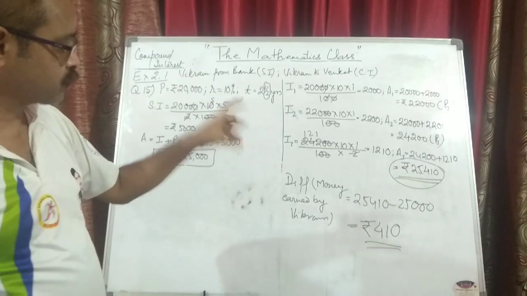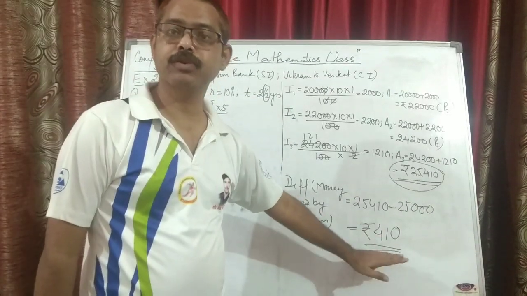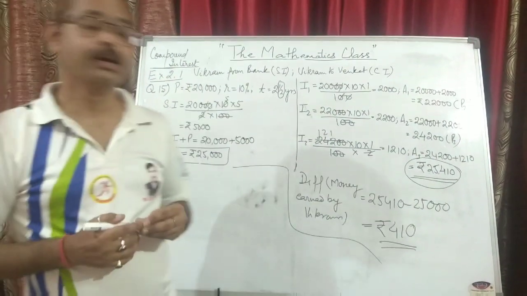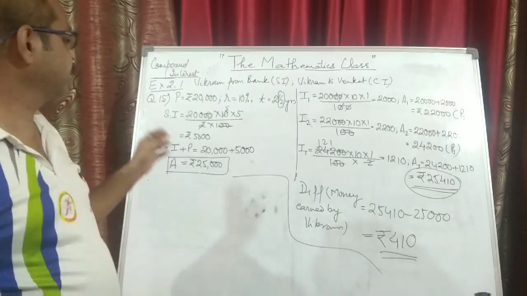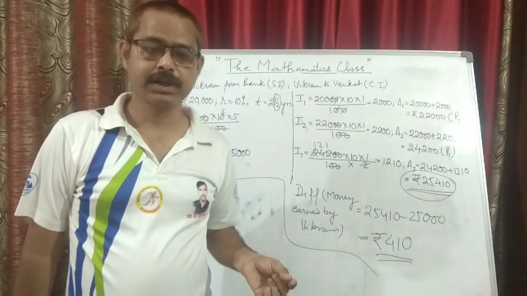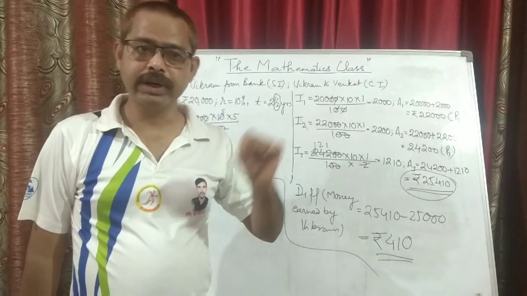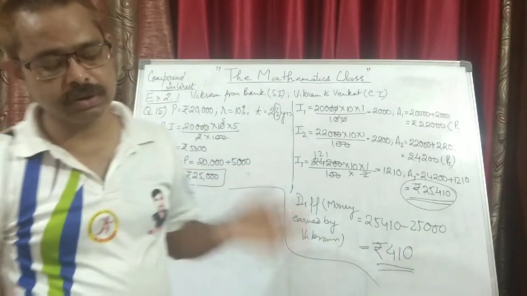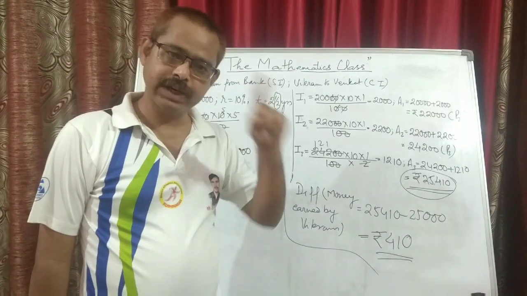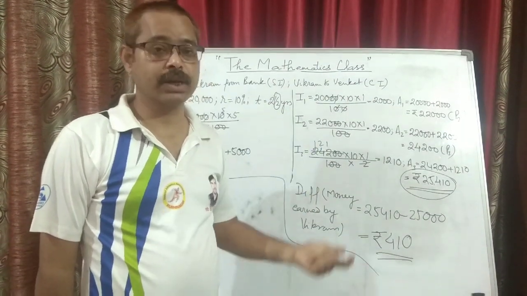So in 2.5 years, he is making 410 rupees by just using his brains. I hope we have done ample questions based on compound interest which were not on the direct formula. All these questions were based on finding the compound interest with the help of the simple interest formula.